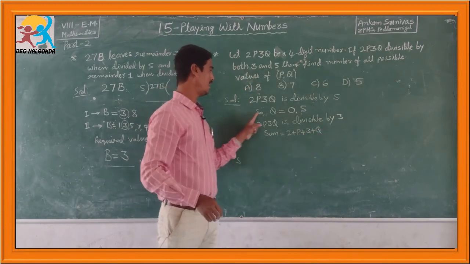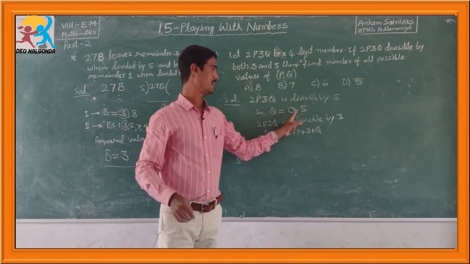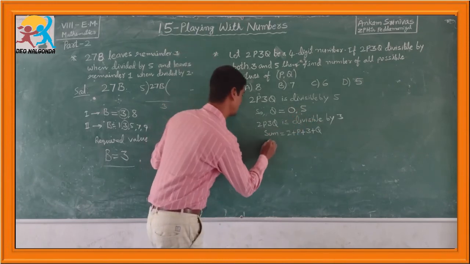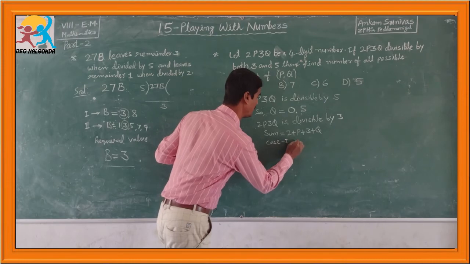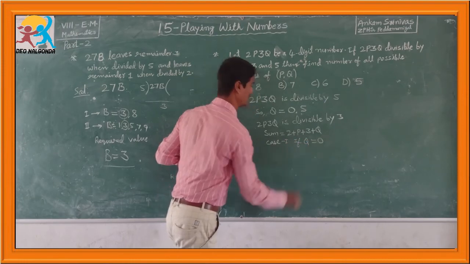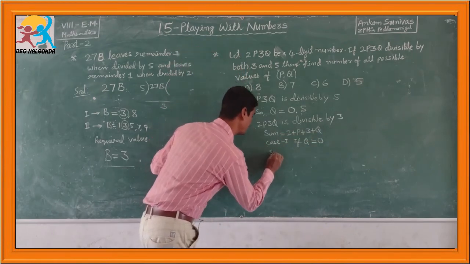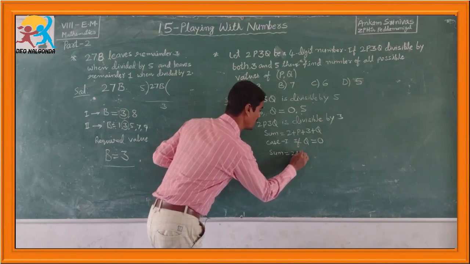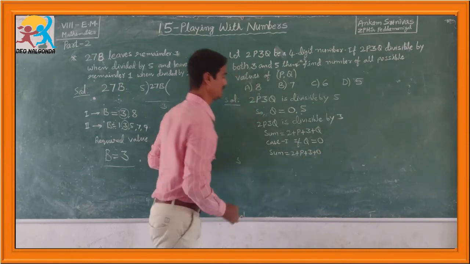But here we already decided q may be 0 or 5. Suppose you take the two cases. Case 1: if q equal to 0, the sum equals 2 plus p plus 3 plus 0.